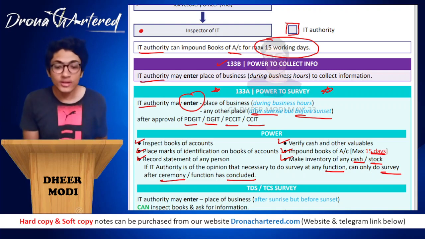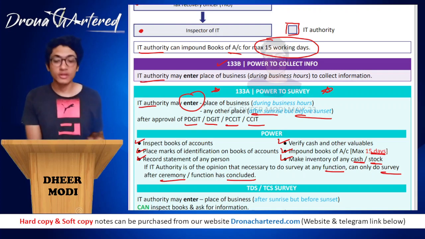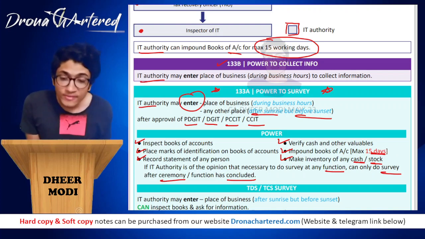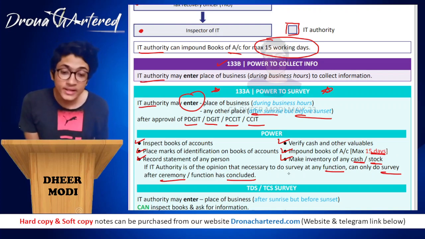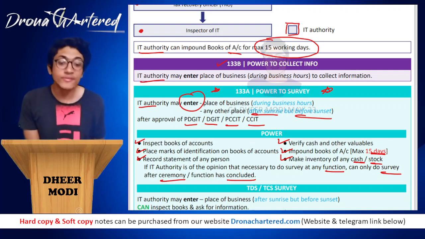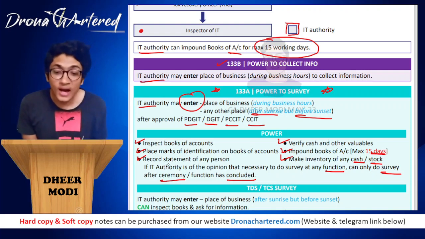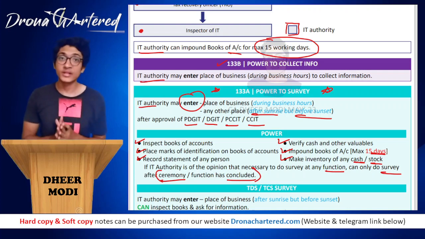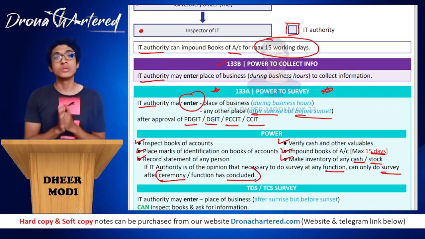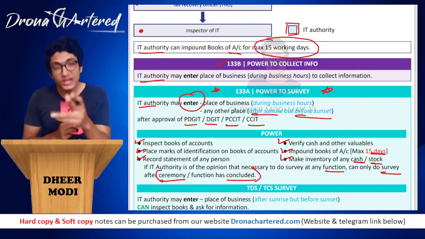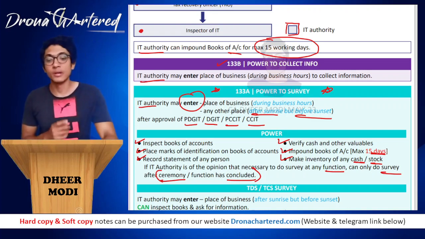That is not okay, because you have to respect their personal ceremonies. That means only after it has gotten over can you do the survey. You can still enter, but only after the ceremony has been completed.